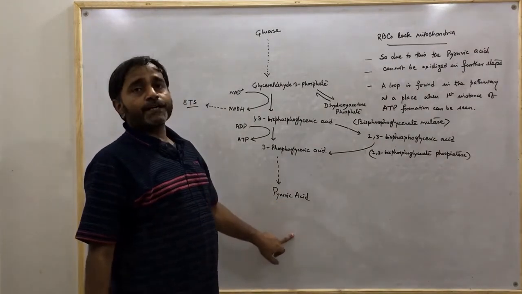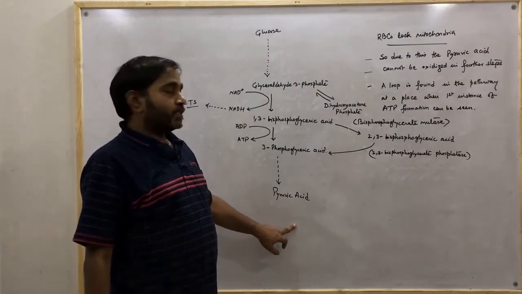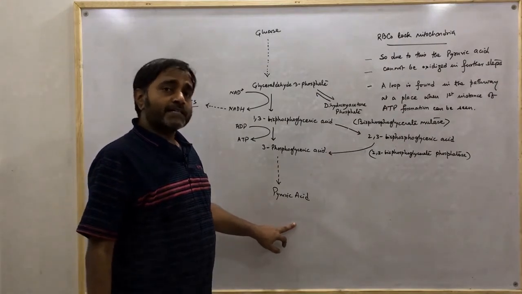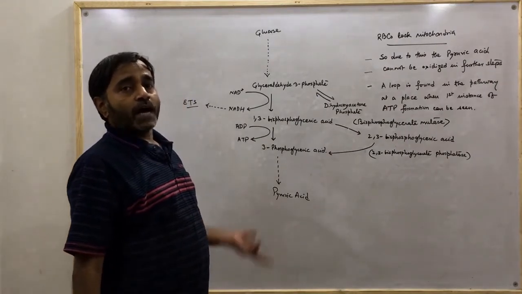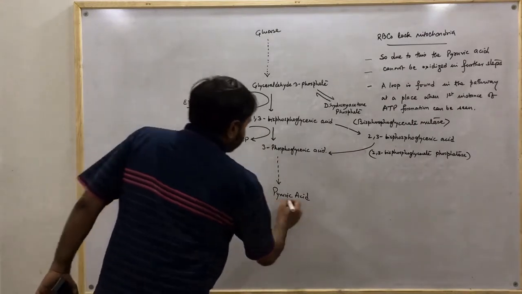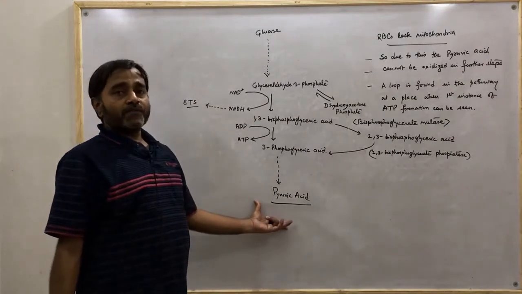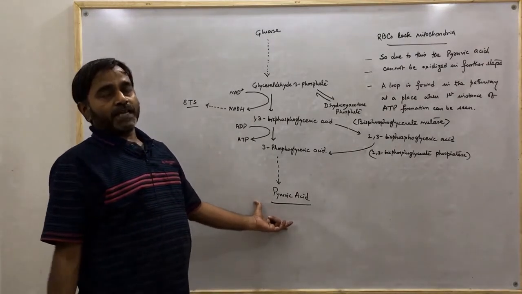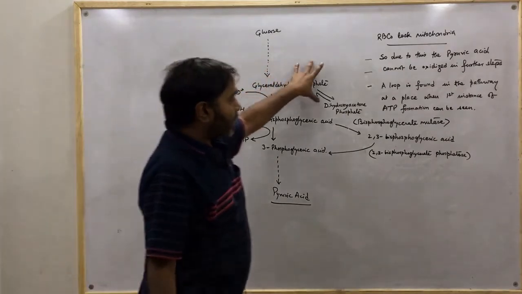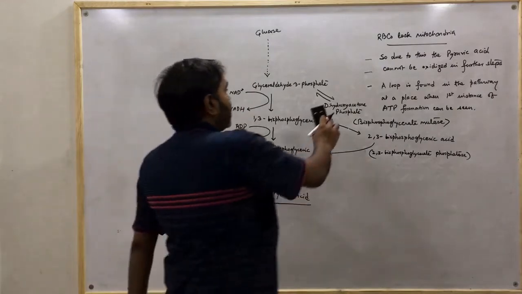But this cannot enter into other steps of oxidation or breakdown, that is the Krebs cycle, that you may find in other cells. Why? Because RBCs lack mitochondria, and this is the reason that further degradation of pyruvic acid is not possible in erythrocytes. So this is the particular pathway which you have seen regarding erythrocytes.